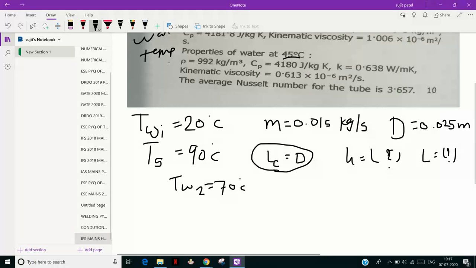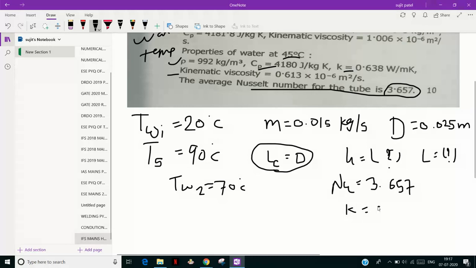So all the values, that means density, specific heat, thermal conductivity, kinematic viscosity, and average Nusselt number are given here. Nusselt number is 3.657, and thermal conductivity is 0.638 watt per meter Kelvin.